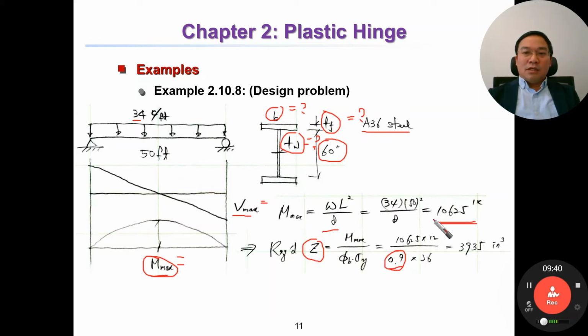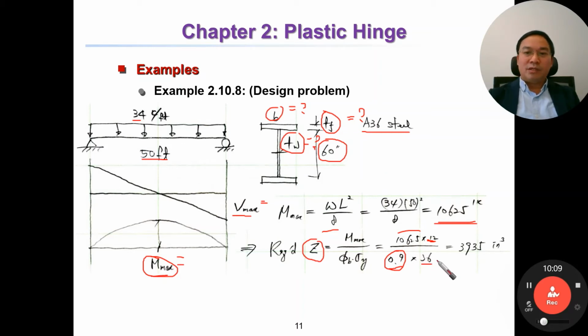Then this is moment Mx, and 12 means it is a transfer between feet to inch. We transfer from kip-feet to kip-inch. Then sigma y is 36 in inch unit.